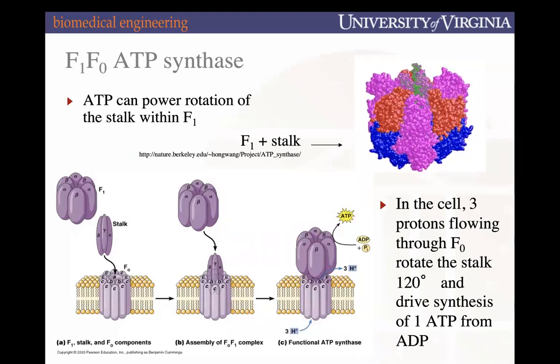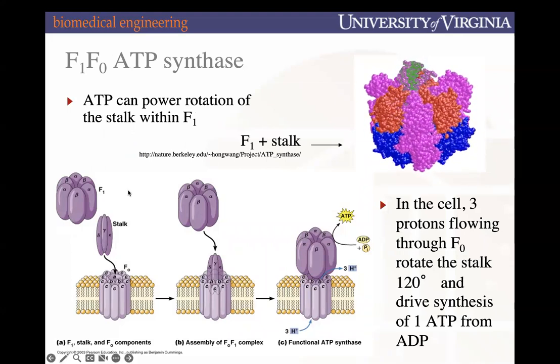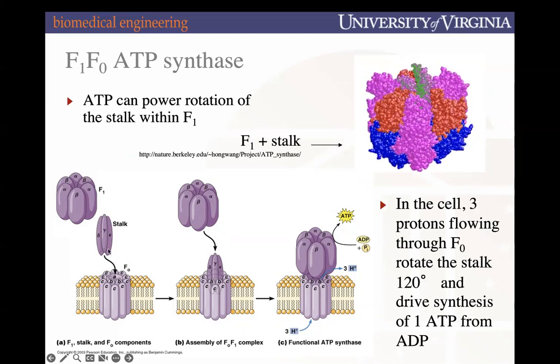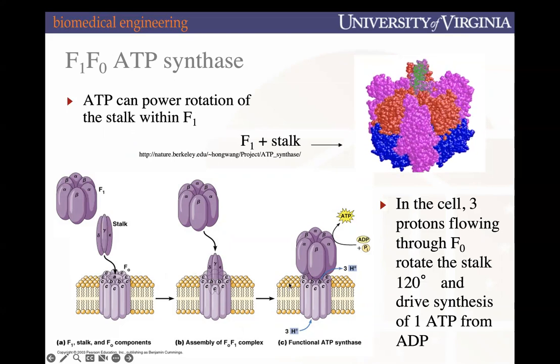So the last piece of the puzzle here is the ATP synthase, or this ATP pump. There's going to be this protein complex here, as well as this stalk, that then complex together to form the entire functional ATP synthase unit.